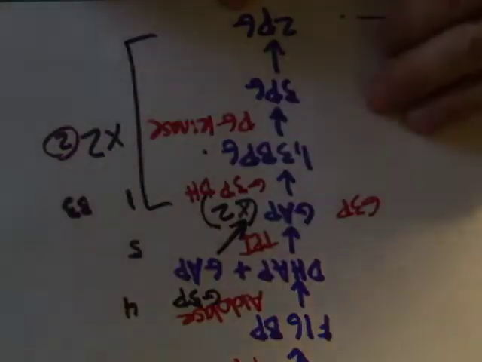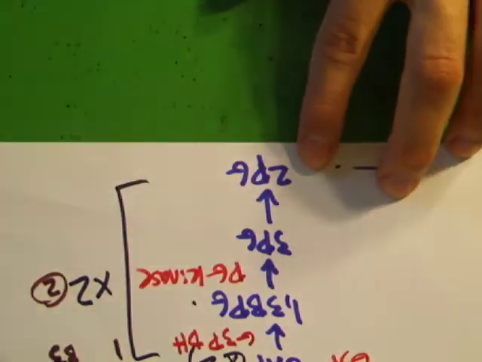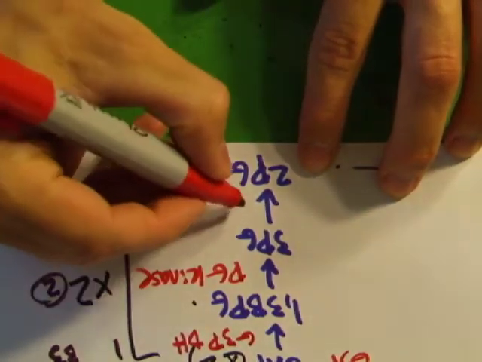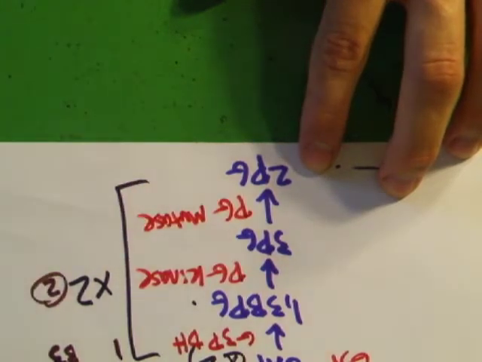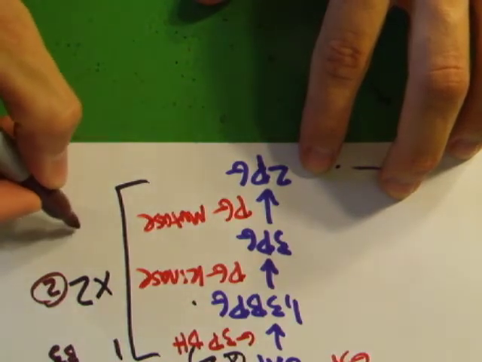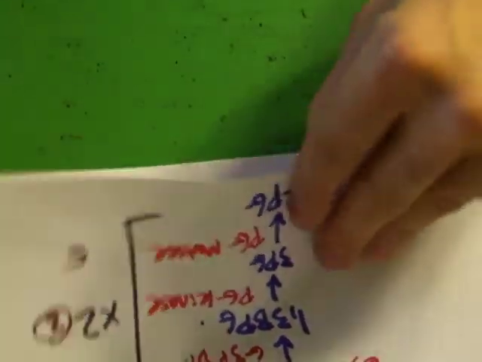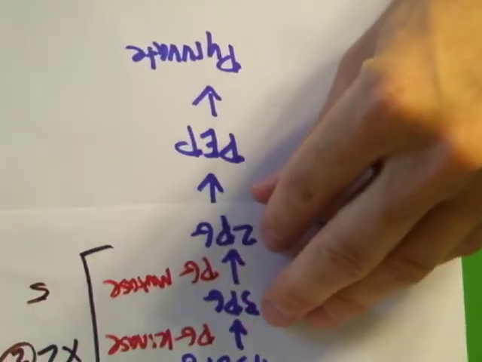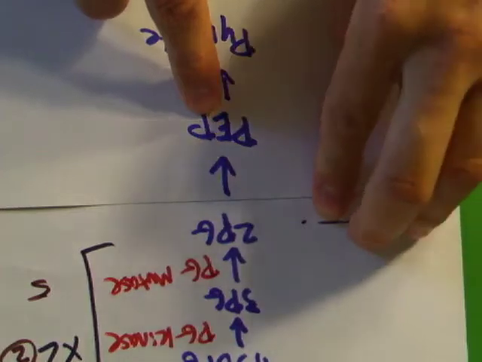3-PG into 2-PG is done by PG mutase. Mutases are similar to isomerases, so they're in the isomerase class. So now going from 2-PG to PEP.